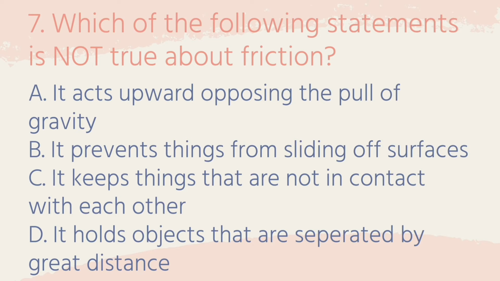A. It acts upward, opposing the pull of gravity. B. It prevents things from sliding off surfaces. C. It keeps things that are not in contact with each other. D. It holds objects that are separated by great distance.